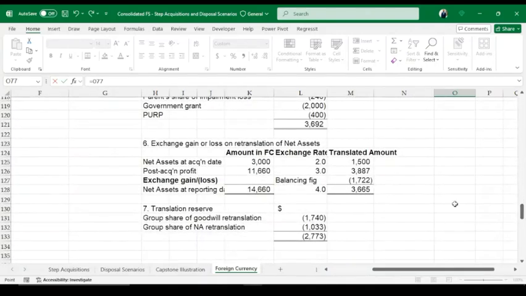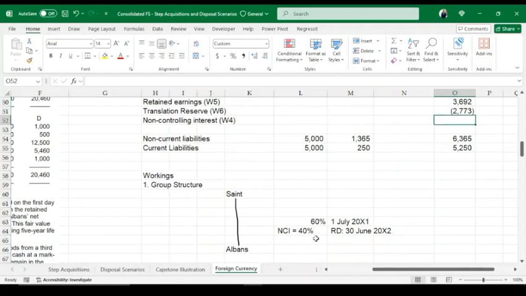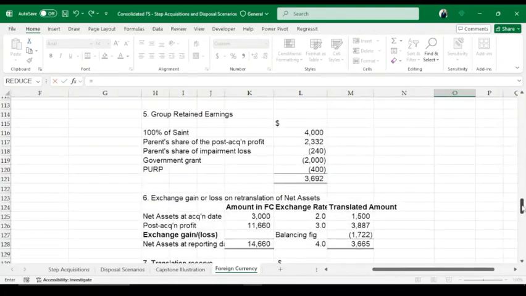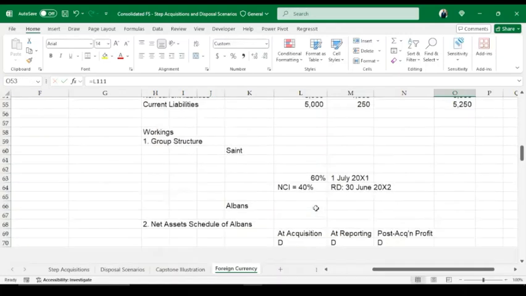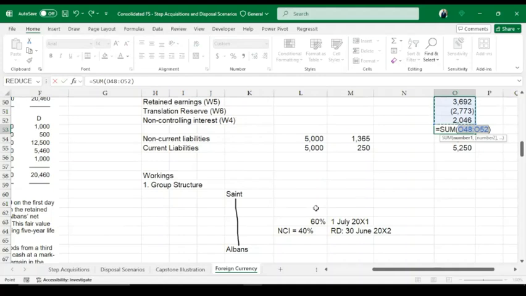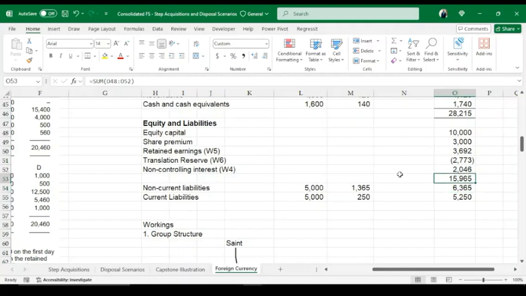And then we also have our non-controlling interest, which is our workings 4 here, right there. So we can add everything here together. So using alt equals, I can sum up all of these together, and that will give me 15,965. So let me insert top border.